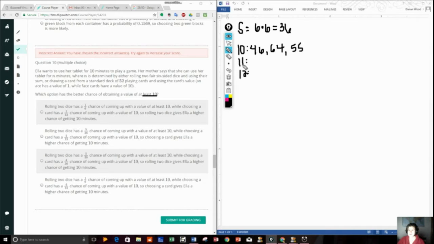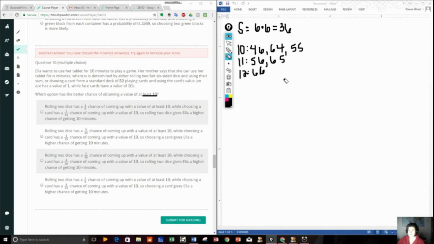and then to make an 11, we could have a 5 on the first dice, a 6 on the second, or we could have a 6 on the first dice and a 5 on the second. And for a 12, we could have a 6 on the first dice and a 6 on the second dice. So there's 1, 2, 3, 4, 5, 6.